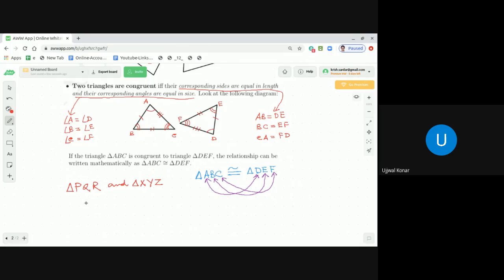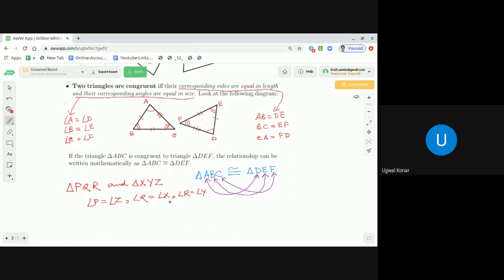And when you are seeing those two triangles, you see that angle P is actually equal to angle Z. Okay, angle P is equal to angle Z. And you see angle Q is equal to angle X. And angle R is equal to angle Y.